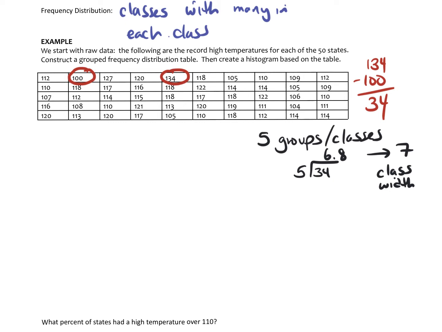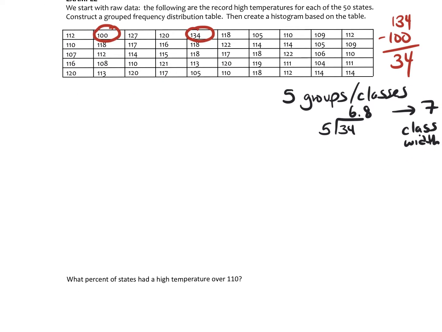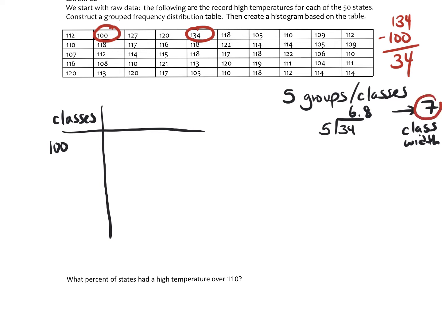Now this class width is important because this is how we start our frequency table. I'm going to have our classes here, and I know the smallest number is 100. The class width we just found is 7.